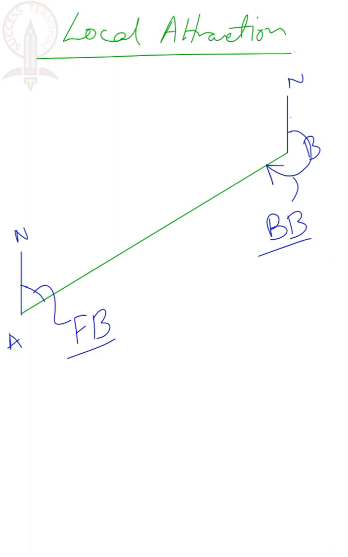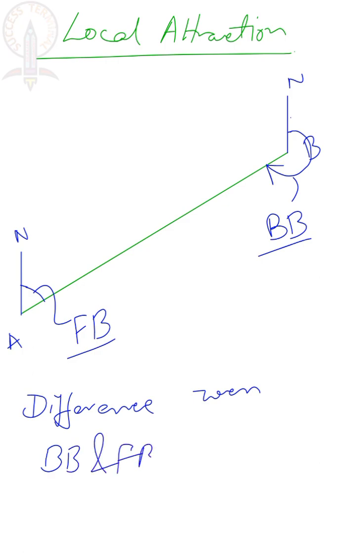Now what will happen? The difference between back bearing and forebearing is always 180 degrees.